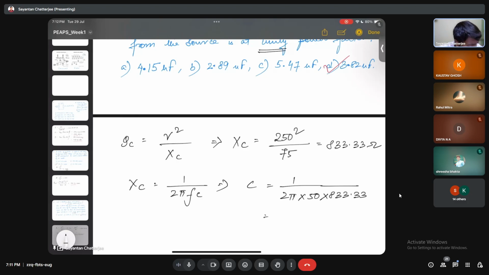Plug in these values and just calculate. The answer would be this 3.819 as rightly said, or we can say similar to 3.82. So, any doubt?